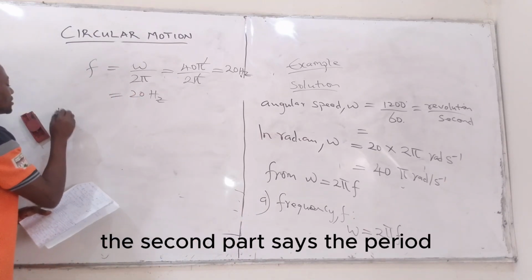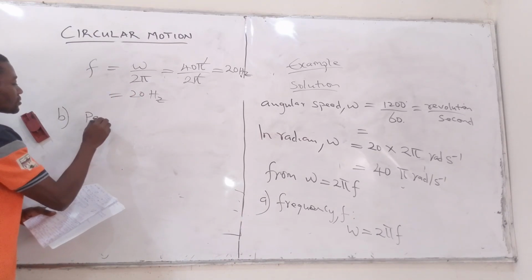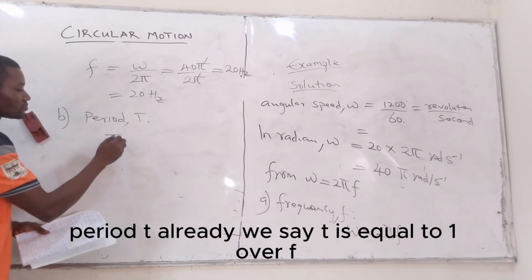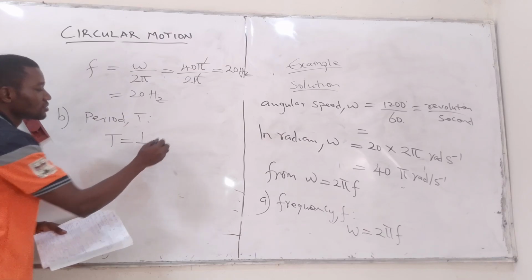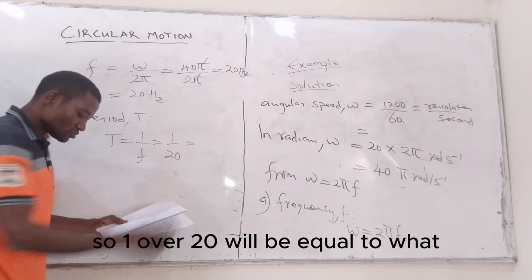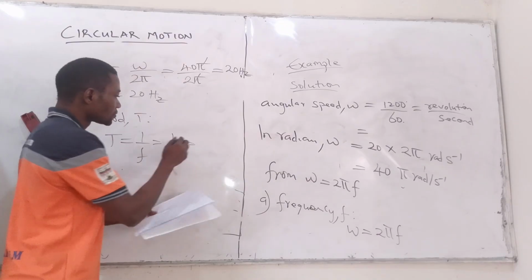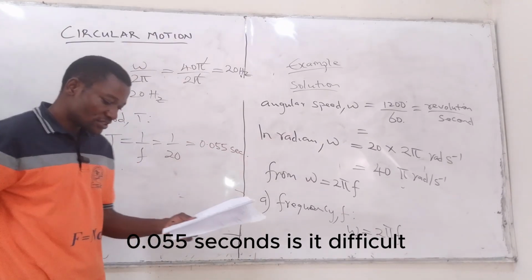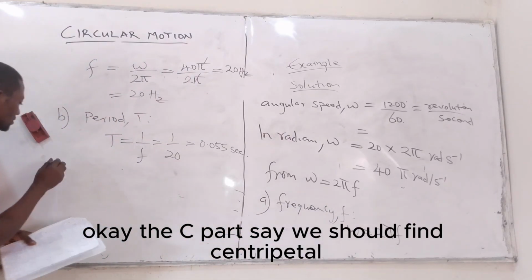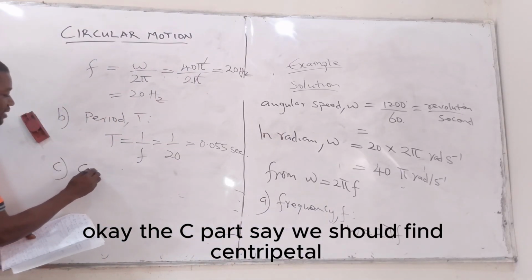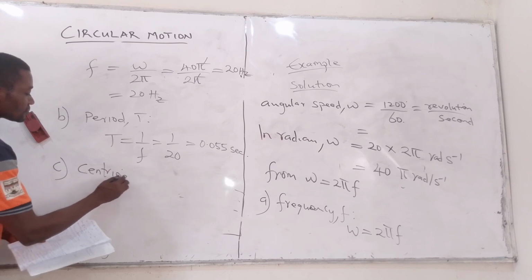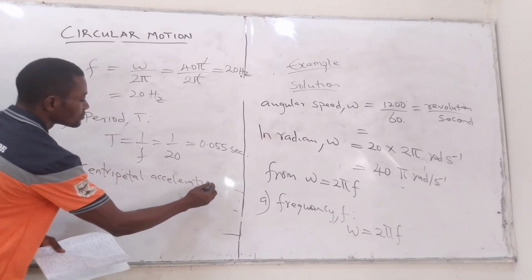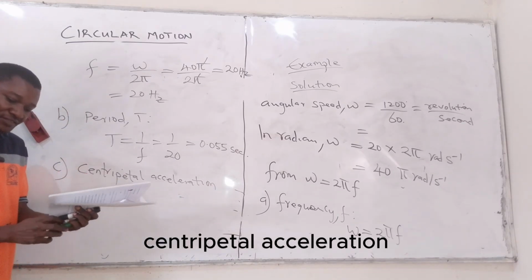The second part says the period T. Already we say T is equal to 1 over f. So 1 over 20 will be equal to 0.05 seconds. Is it difficult? Okay, the C part says we should find the centripetal acceleration.